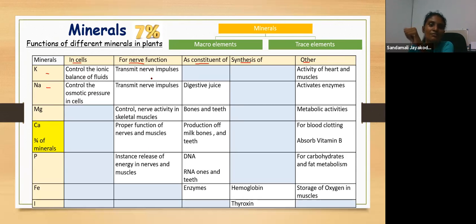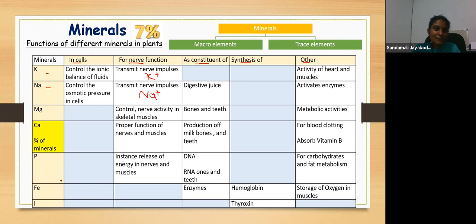Potassium and sodium transmit nerve impulses, because nerve impulses are just electrical signals. So sodium ions and potassium ions help to transmit nerve impulses. And then magnesium controls the nerve activity. In that way, calcium also has a nerve function.